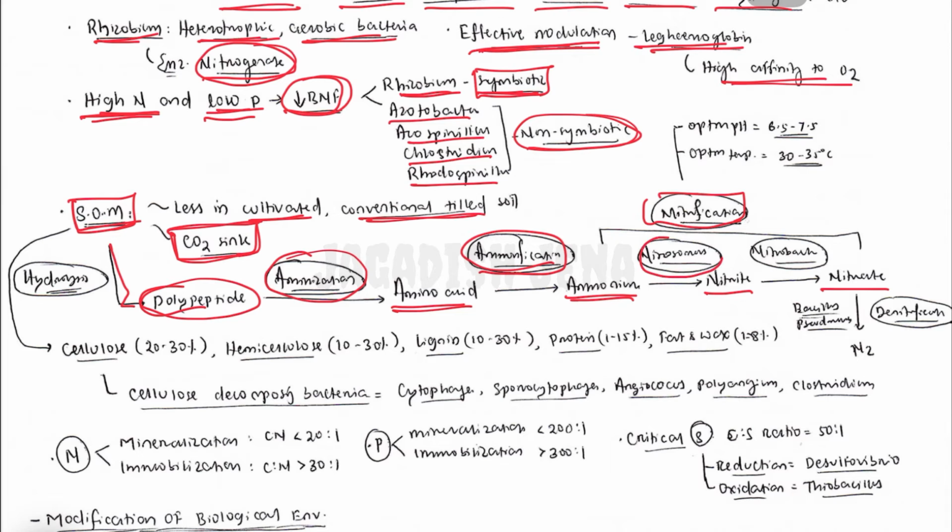For conversion of ammonium to nitrite, the bacteria Nitrosomonas helps, and from nitrite to nitrate, the bacteria Nitrobacter helps. For the nitrification process, the optimum pH is 6.5 to 7.5, and optimum temperature is 30 to 35 degrees Celsius. Then denitrification happens, where nitrate is converted to nitrogen gas through Bacillus and Pseudomonas. That is called denitrification, and we have already talked about it.